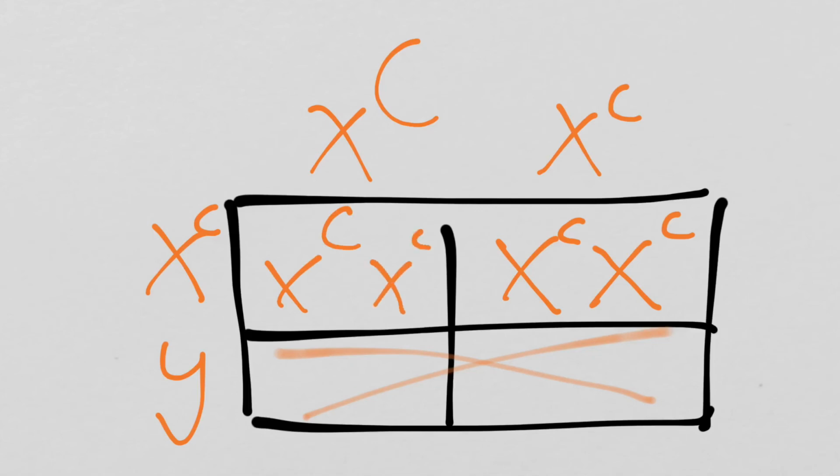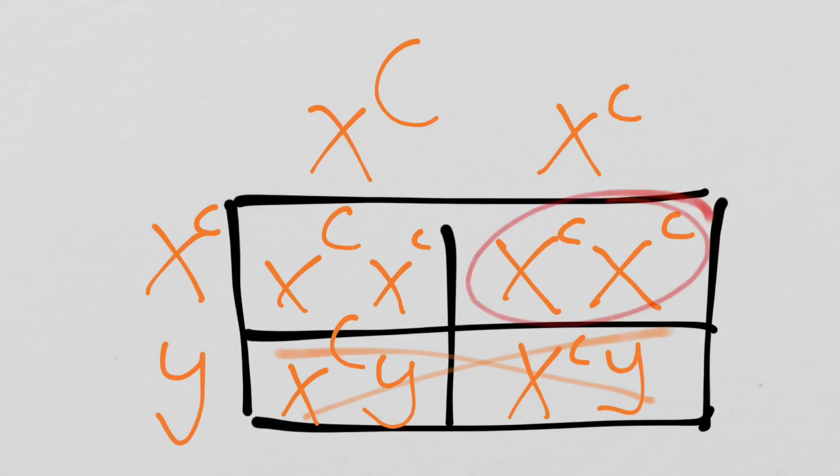And then this son would be colorblind, and this son would have normal color vision. So it is possible for a colorblind daughter to have a brother with normal color vision.